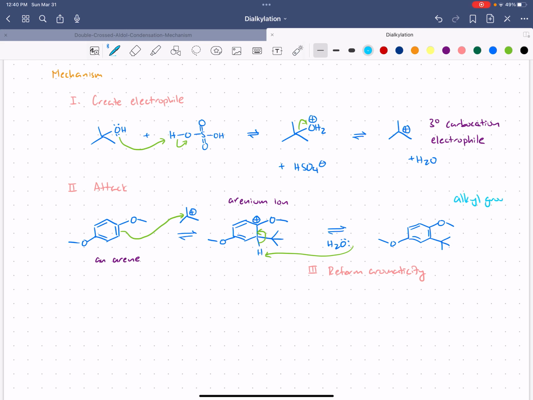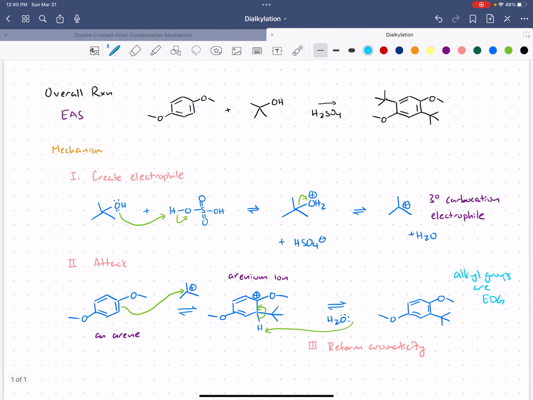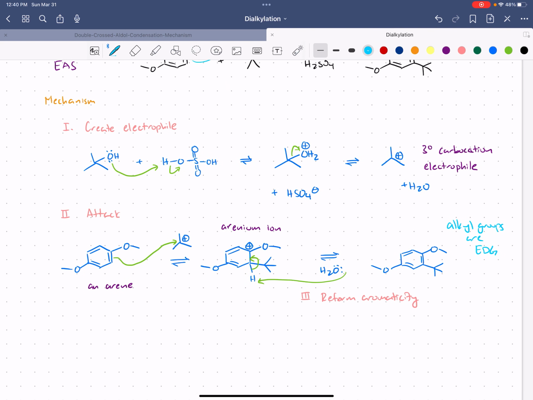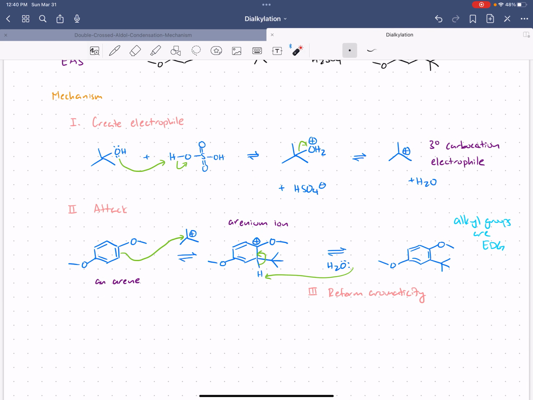Alkyl groups are electron donating groups. You know, this methoxy group right here, that's also electron donating. And that activates the ring. Electron donating groups activate or make it more reactive. Activate the ring. So when we put in another electron donating group down here, we make it even more reactive. So this is even more activated.